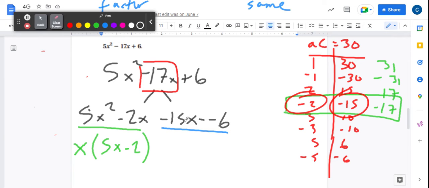Are there any numbers here that multiply into 15 and 6?